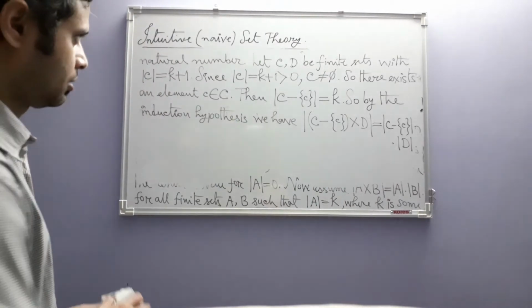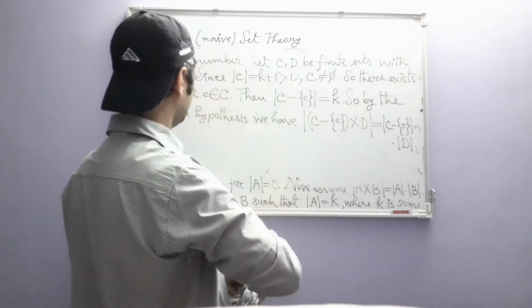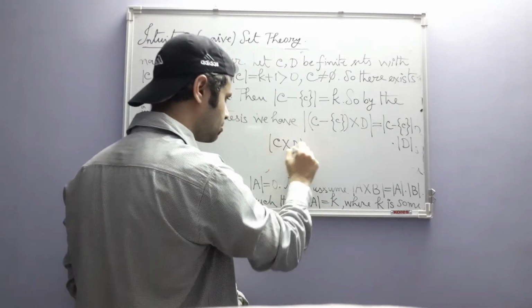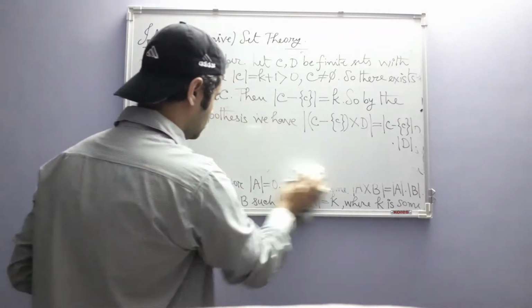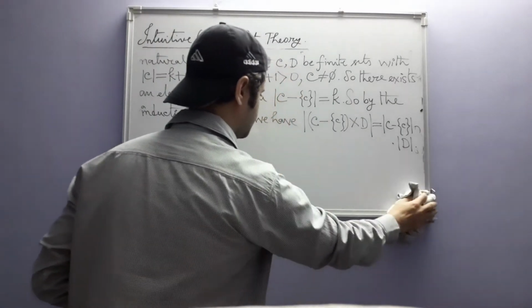But we don't want the cardinality of this. We want the cardinality of this. This is what we want, right? So how to have that?